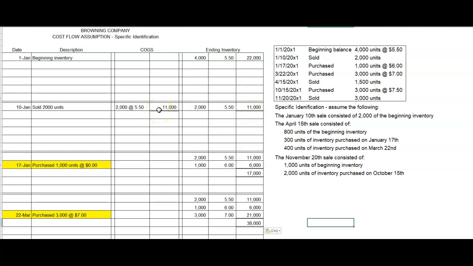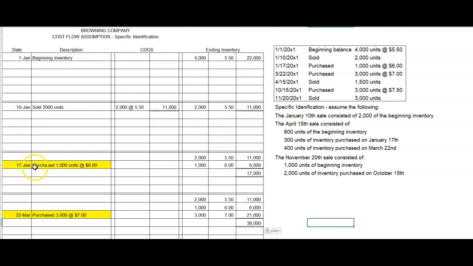Cost of goods sold, 11,000 plus ending inventory of 11,000 does equal the inventory available for sale immediately before that sale. Carry down this layer of inventory to the next date box.